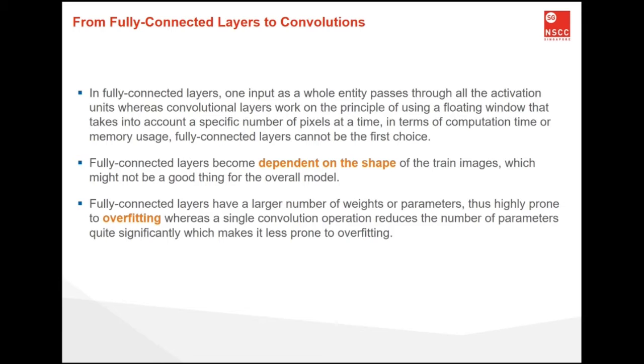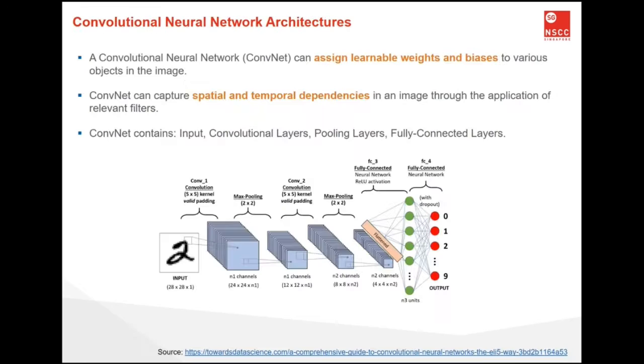Convolutional neural networks are one creative way that deep learning has embraced for exploiting some of the known structure in natural images. A convolutional neural network, short for CNN, is a deep learning algorithm which can take in an input image, assign learnable weights and biases to various objects in the image, and be able to differentiate one from the others.